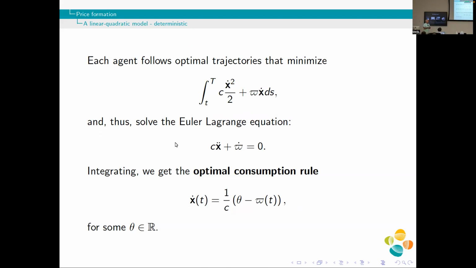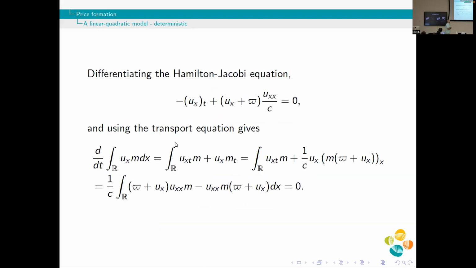When price is high, you buy less, and when prices are low, you buy more. Right? So that's exactly what this tells you, that trading rate goes the opposite way with prices. Again, solving this explicitly is only possible because I'm in this nice quadratic model.